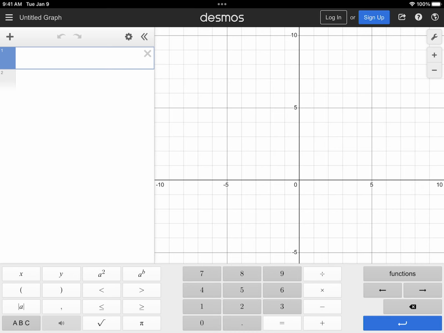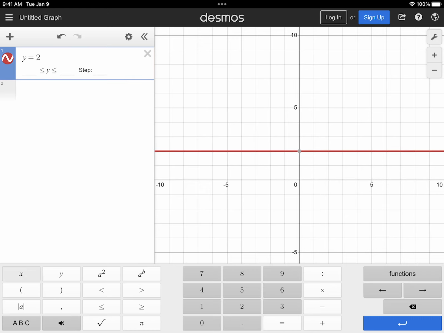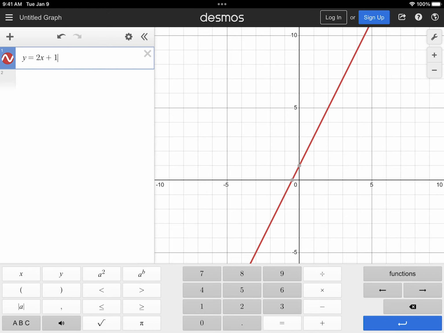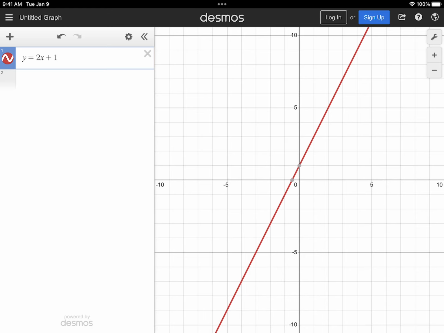This is what should come up when you Google it. And you can put lines in here, so like the rule y equals 2x plus 1 tells me for every x value, we're going to multiply it by 2, then we're going to add 1 to get our corresponding y value. And if you move along the line, you can see that there are infinitely many values on this line of x and y, x comma y.